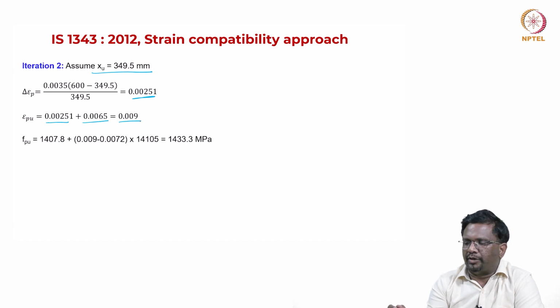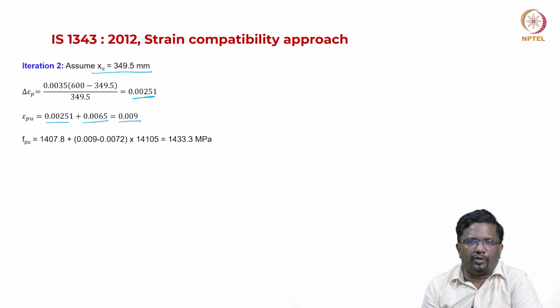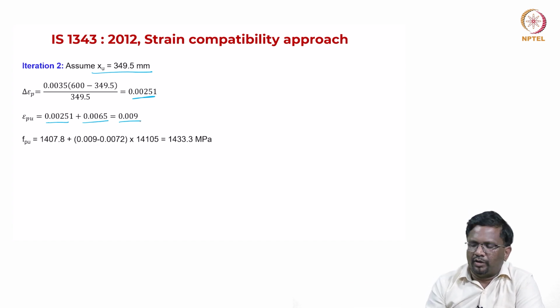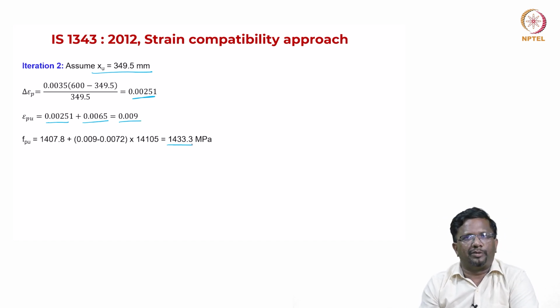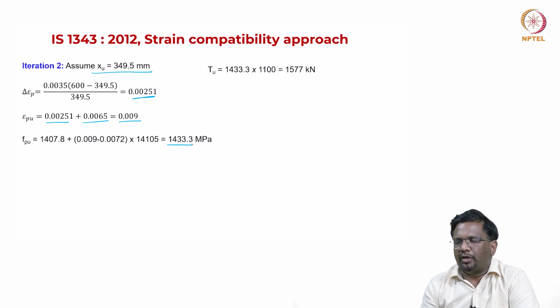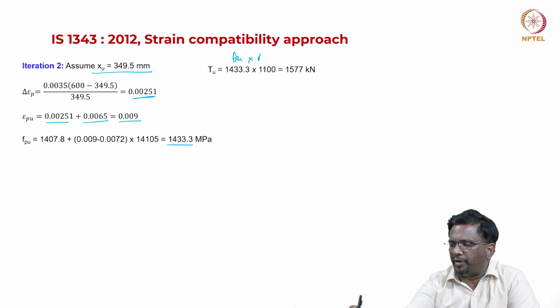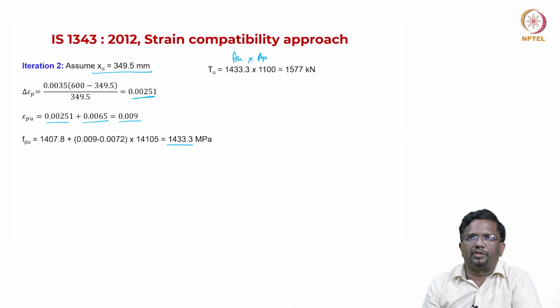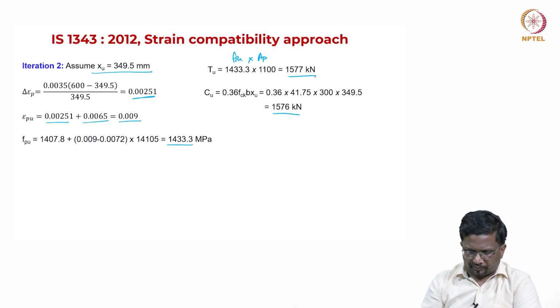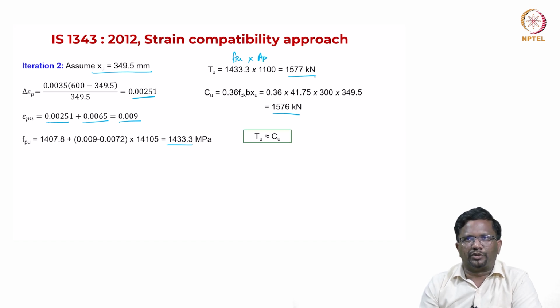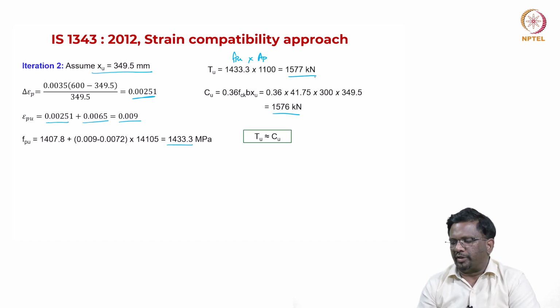And again using the bilinear stress strain curve that we have discussed in the previous slide, for this particular strain of 0.009, I get a stress of 1433.3 megapascal. Now, what is the tension force? Again Fpu multiplied by Ap gives me this, and the compression force is this. So, you can see that nearly Cu is equal to Tu. So, the equilibrium condition is satisfied.